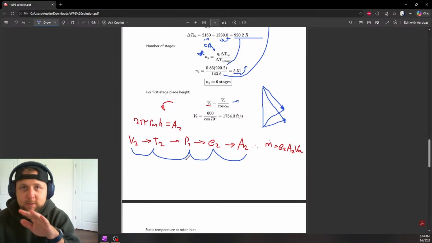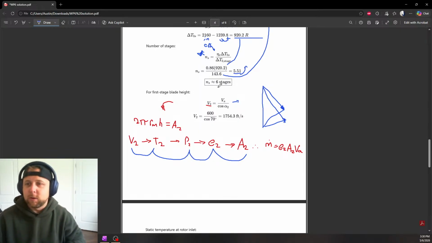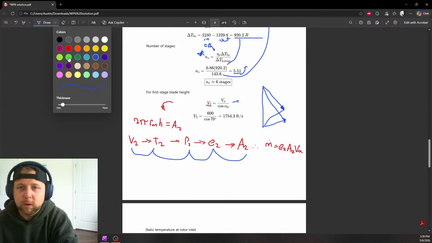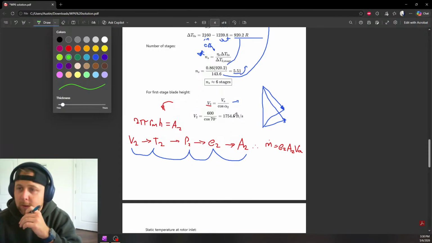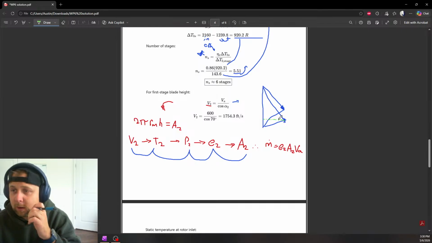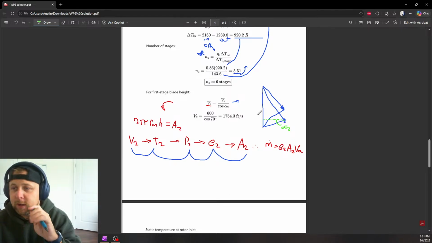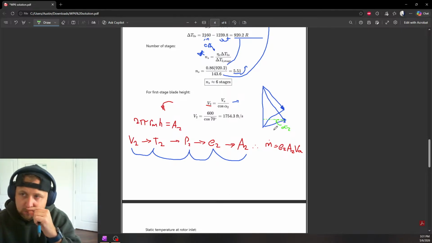Crazy. So much math. So when we're looking at this triangle, we're going to look at our cosine alpha 2. Alpha 2 again is this angle right here, and what we want is V2. Sorry, alpha 2 is also this one and this one.